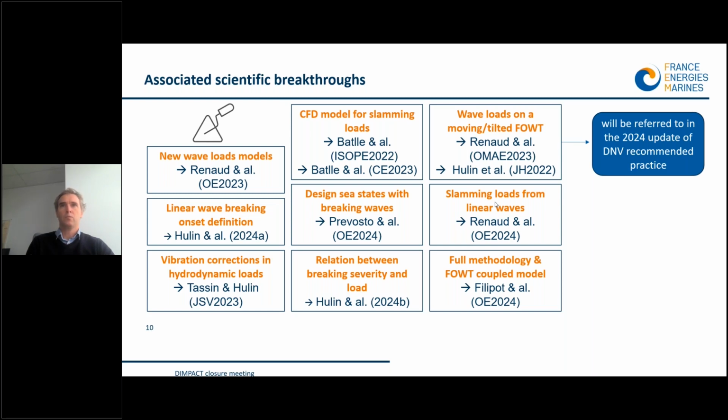And it's important to note that this method to account for wave load on a moving tilted cylinder will be referred to in the 2024 update of the DNV RP-C205 recommended practice, which is a nice transfer of the project results to the industry.